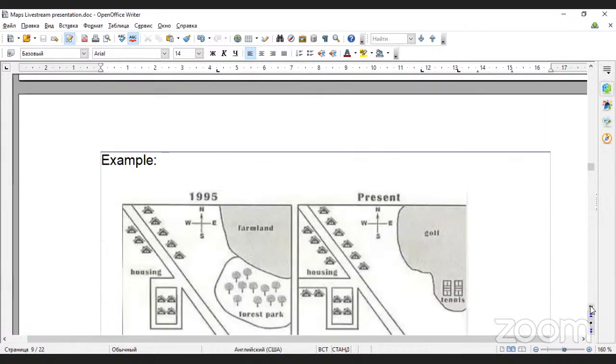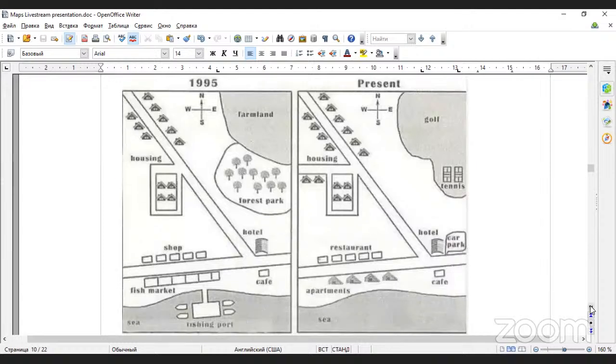So here is an example of 2 maps. There's a map of 1995 and a map of the present. So let's skip introduction and overview. And I'll give you, let's say, 5 minutes now. Please try to write several sentences summarizing the differences.